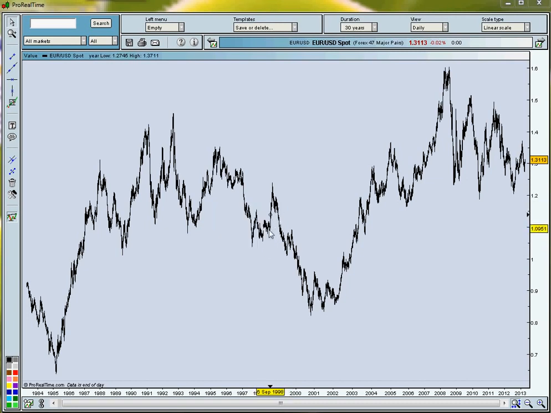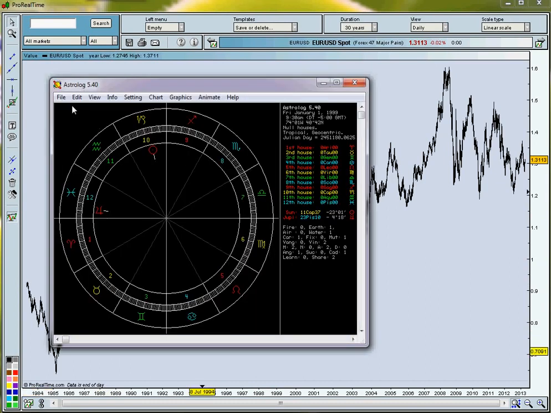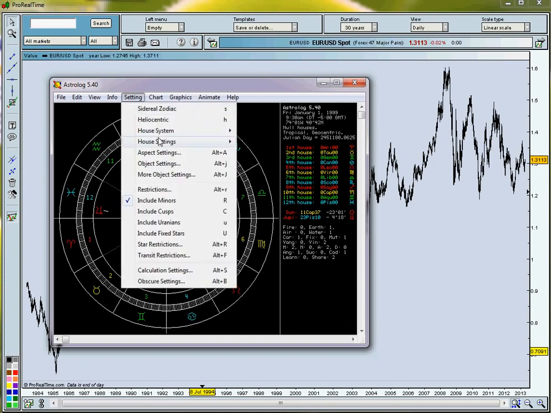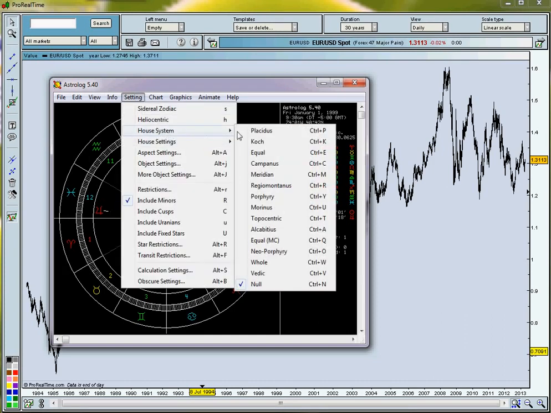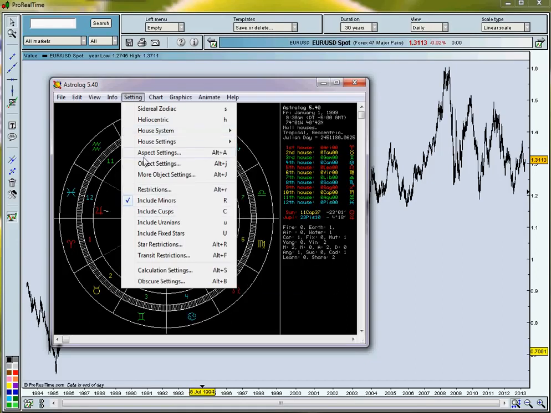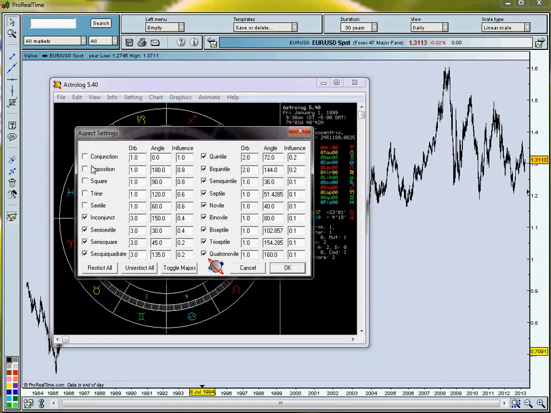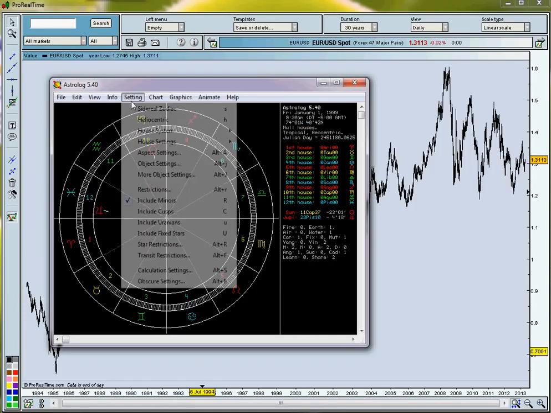So what we're going to do is bring up Astrolog, and I have it set to New York. That'll work fine for what we need. The house system I have set to null. And for the aspects, I have just these 5 right here, to the orb of 1, normally like I do.